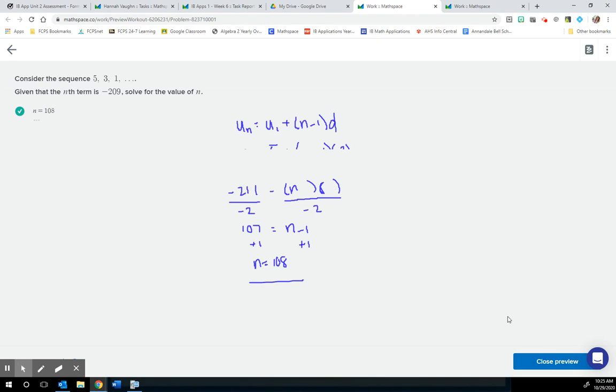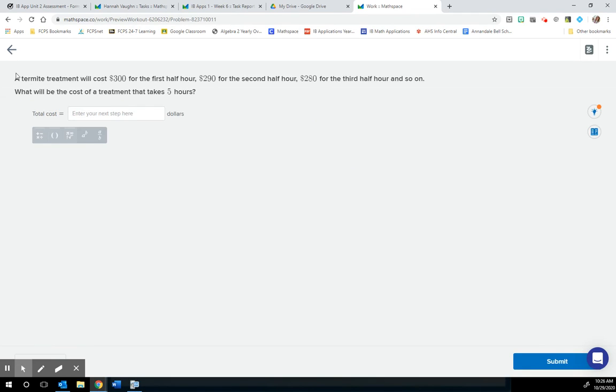And I'm good too. Question number 3 says the termite treatment will cost $300 for the first half hour, $290 for the second half hour, $280 for the third half hour, and so on. And they're asking for the cost of a treatment that takes a total of 5 hours.